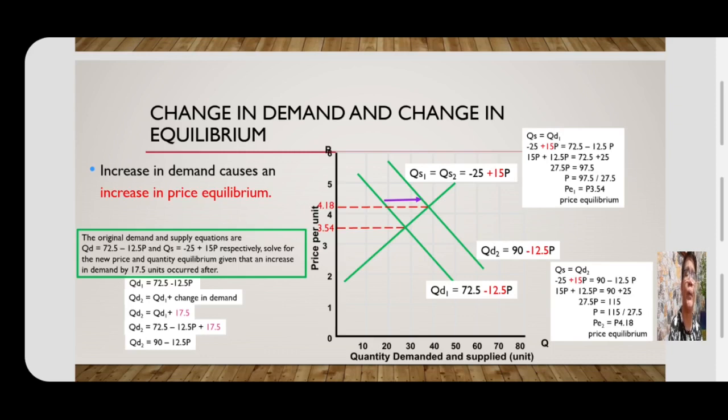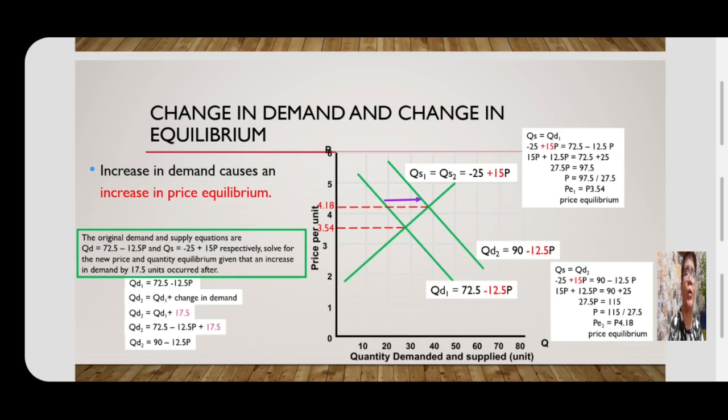So observe here that there are intersection points: the intersection point between the new demand curve and the new supply curve, and we also have the intersection point between the original demand curve and the original supply curve.